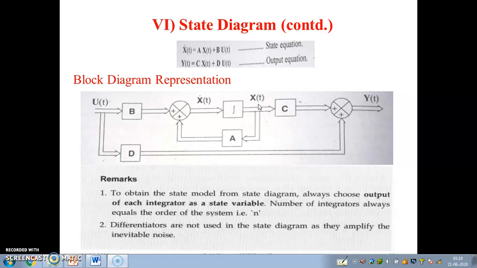If it is a second order system, then there will be 2 integrators in the circuit. If it is third order, then 3 integrators. Hence, number of integrators always equals the order of the system. Differentiators are not used as they amplify the inevitable noise.